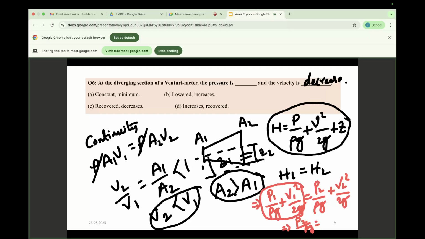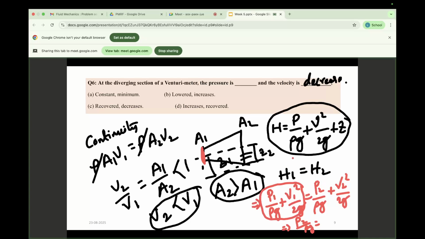Another thing you can also check: at the initial point this velocity is more. If this velocity is more, then this pressure should be less, right? Otherwise left hand side and right hand side will not be equal.